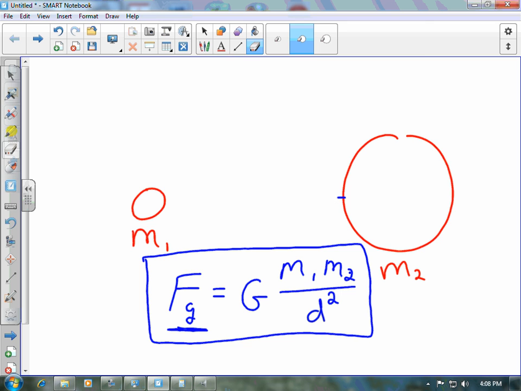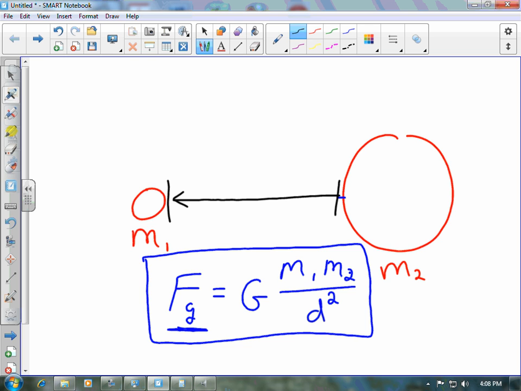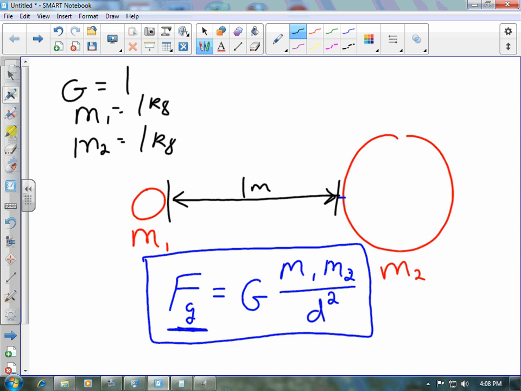Let's say the distance between here and here is 1 meter. And just for example, G doesn't equal 1, but pretend it does for right now. Say G equals 1, M1 equals 1 kilogram, M2 equals 1 kilogram. So they're the same mass in this case.